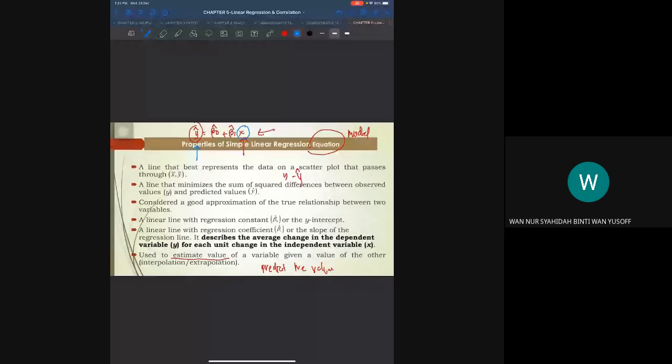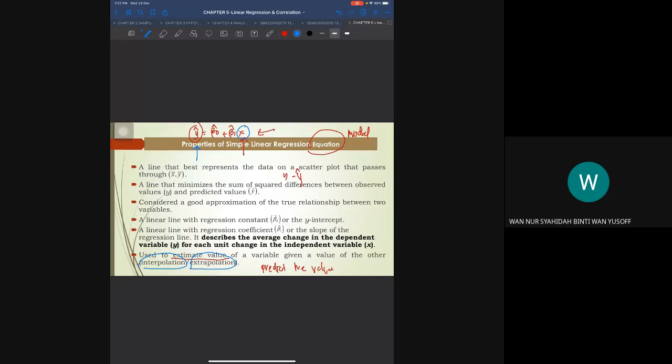There are two methods for the prediction. One is interpolation and the second one is extrapolation. Interpolation means that we predict the value within the range of our data, doesn't matter whether we predict X or Y. Extrapolation, we predict the value using a value which is outside the range of our data.